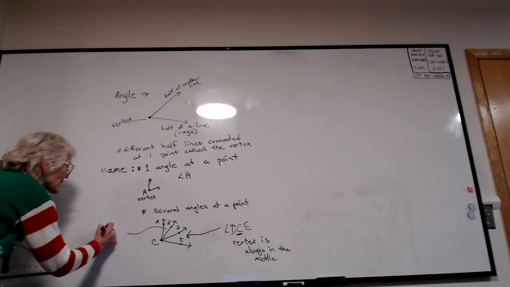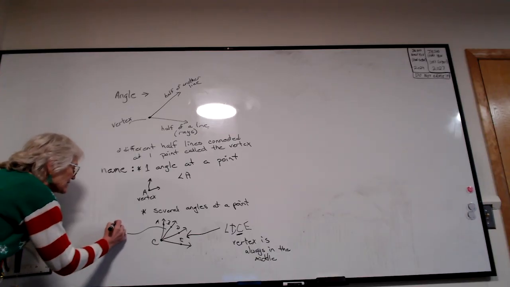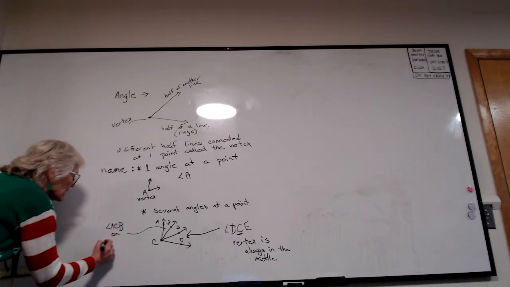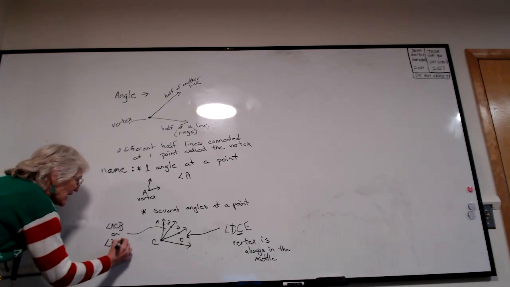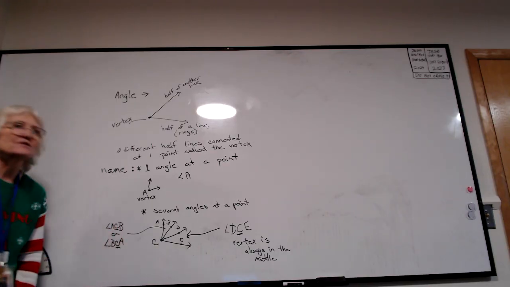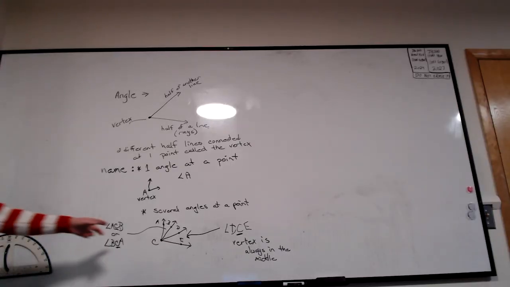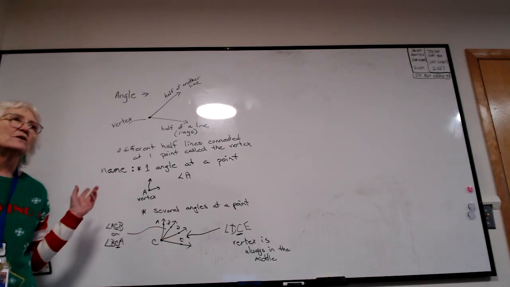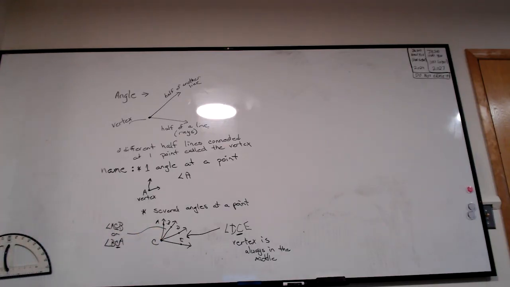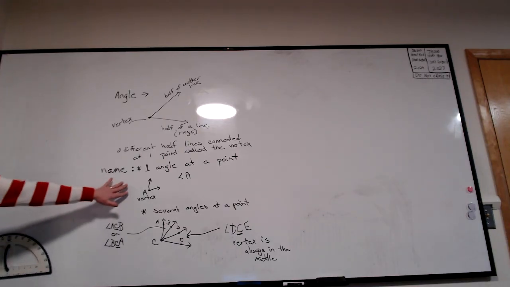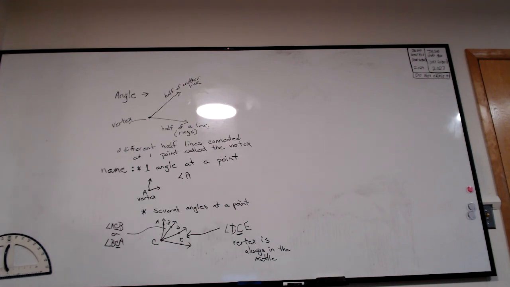So I could name this 2 ways, angle ACB or angle BCA. The important thing is the vertex is in the middle of the name. If I name angle C, it's really hard to know what I am talking about, which one, because there's more than one. So you can use one letter if there's only one angle there. Otherwise, when there's several angles, you have to name it with all 3 letters, but the vertex is in the center.